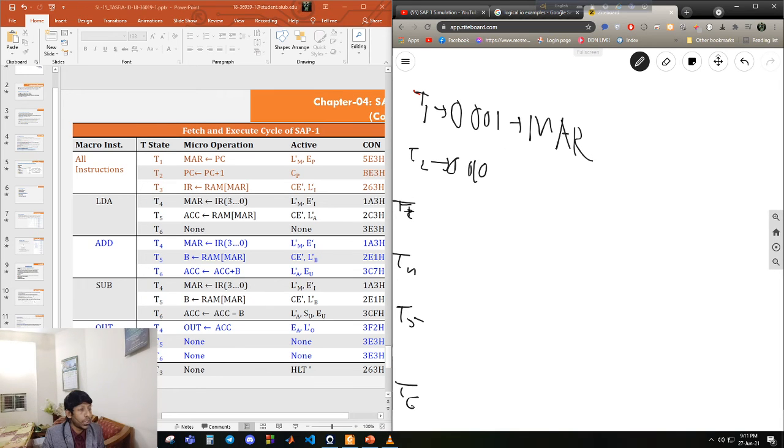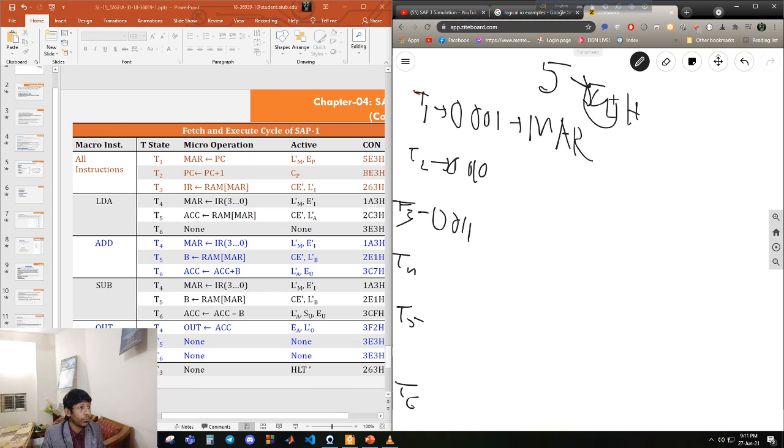And in the third step, RAM: let's say we put the subtraction instruction as 0011, and our 5 was stored in 4H.